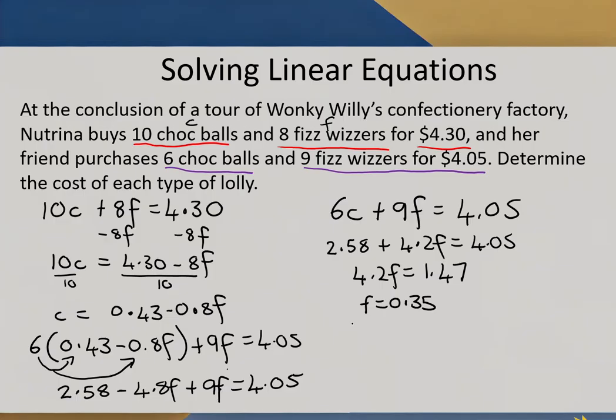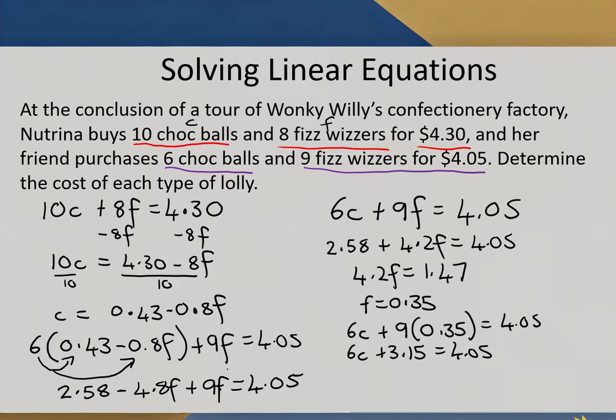So look at my first one there. I've got 6C plus 9 times 0.35 is equal to 4.05. 9 times 0.35 is $3.15. So plus 3.15 is equal to 4.05.